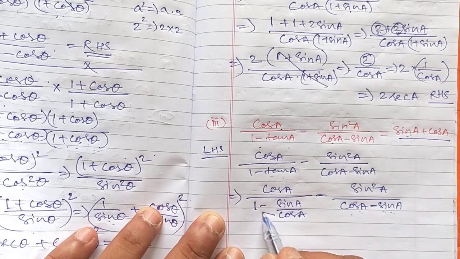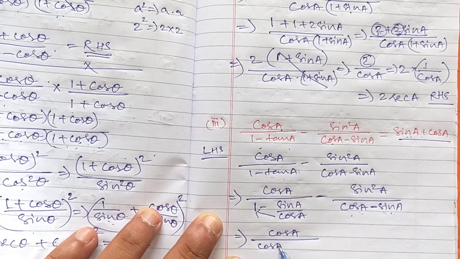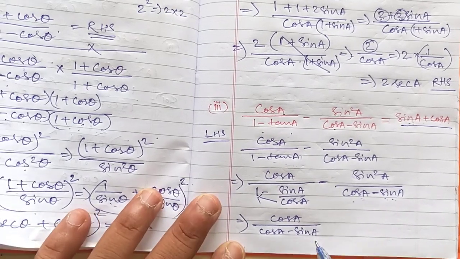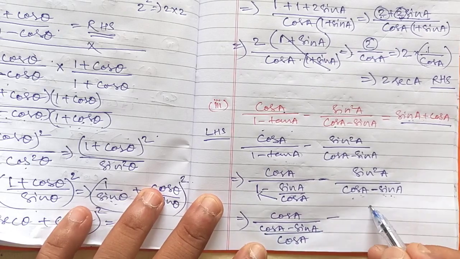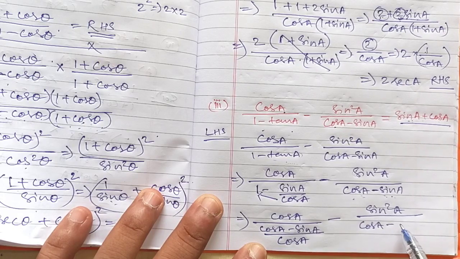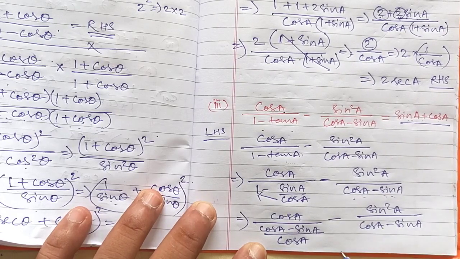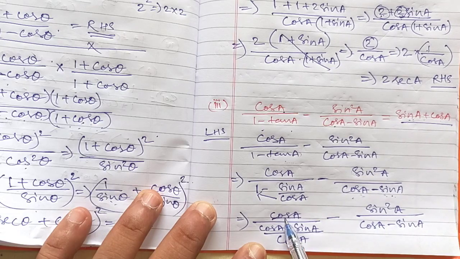Now multiply cos here, you will get cos A divided by cos A minus sin A by cos A, minus sin square A by cos A minus sin A. Now there is nothing in the denominator, so we can write 1 here.